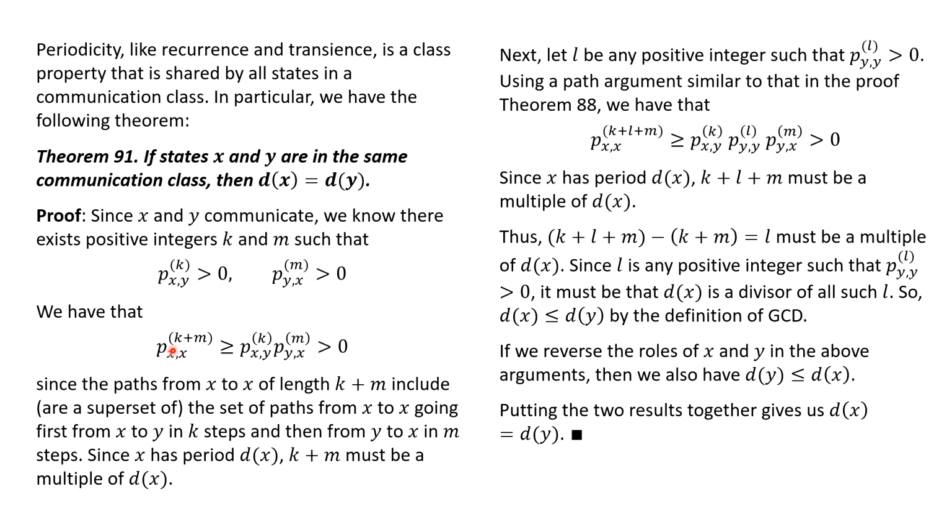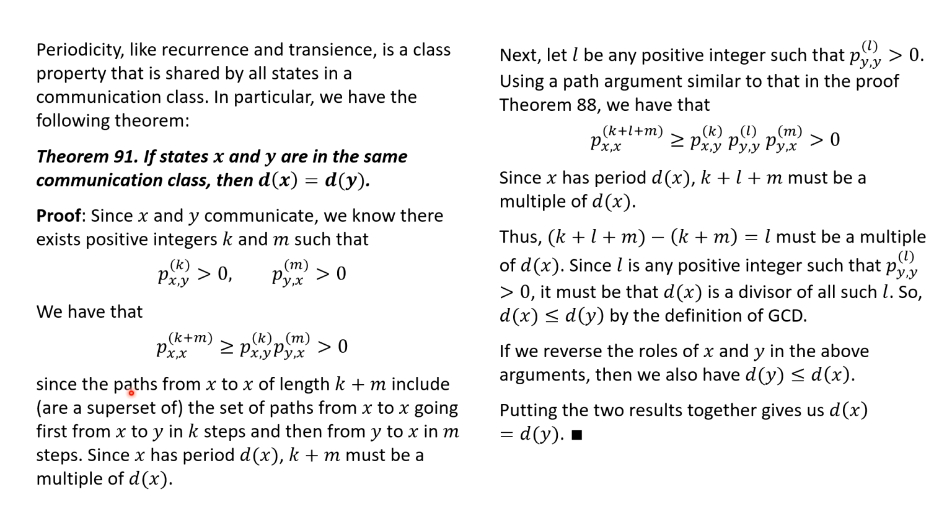Then that gives us this here. It's just saying the probability of returning back to x in k plus m steps is greater than or equal to the probability of going from x to y in k steps and then from y back to x in m steps. And the reason for this is an argument we've been using a few times, but I'll mention it again.